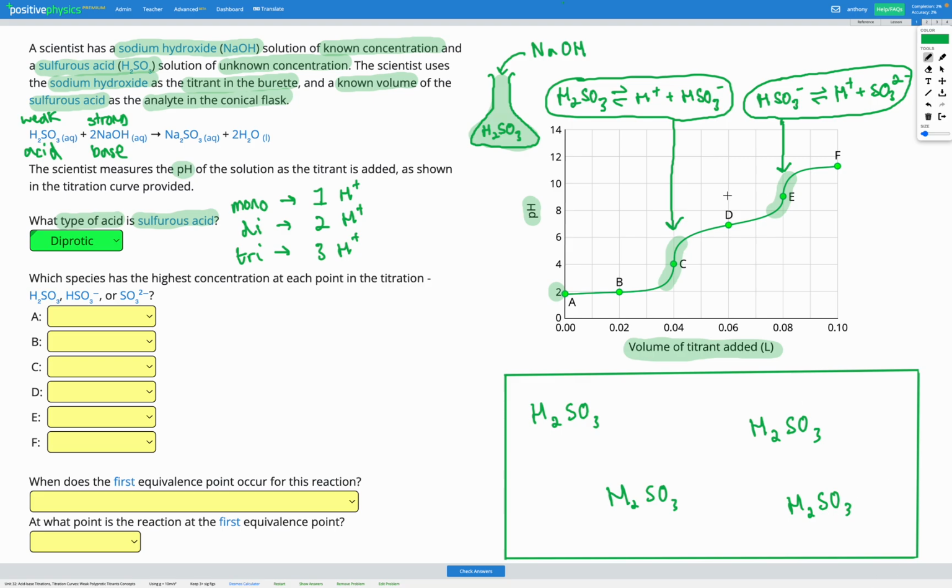So at point A, we just have H2SO3. And a tiny amount of that will dissociate to form H plus and HSO3 minus because it's a weak acid.